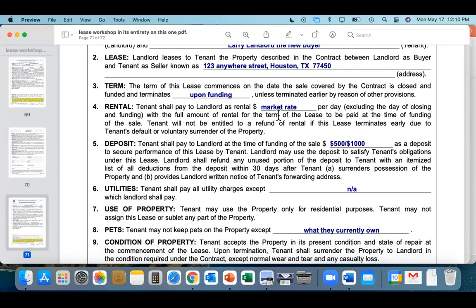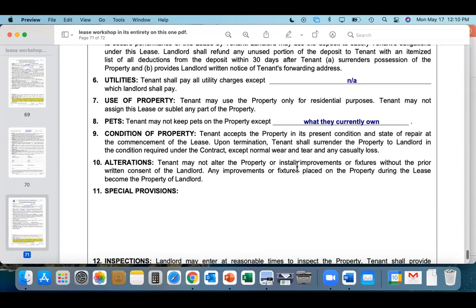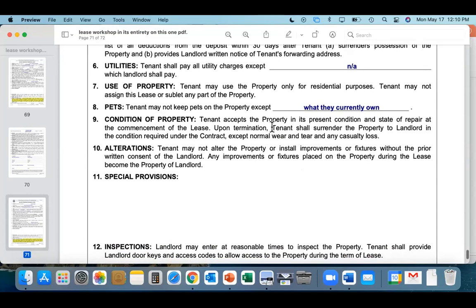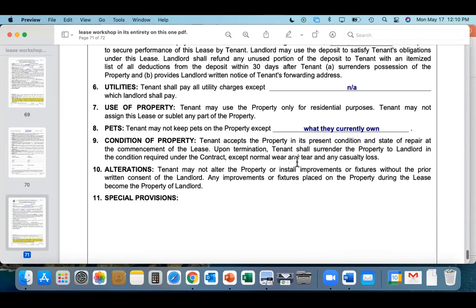Again, the rate is something that the two of them just discuss. It's either market rate or their monthly nut. It should always be a deposit, $500, $1,000. And pets, it's whatever pets they have at the time. That's kind of irrelevant.